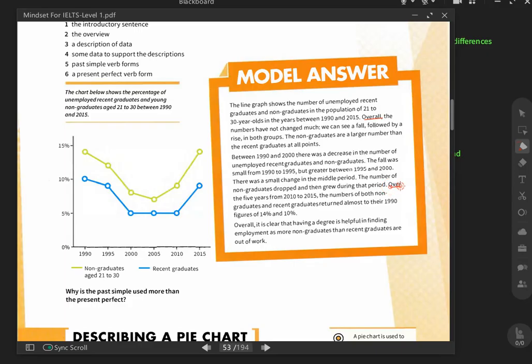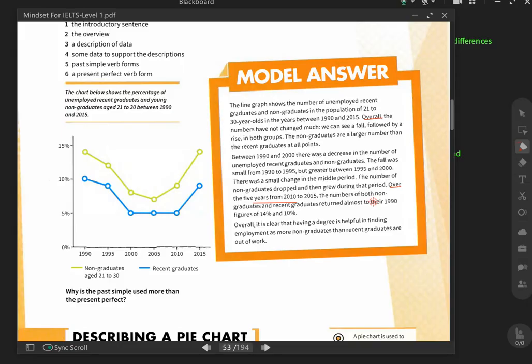The fall was small from 1990 to 1995, but greater between 1995 and 2000. Yeah, of course. So we can see that there was a decrease, small change in number of unemployed recent graduates and non-graduates, and the fall was small, but greater between 1995 and 2000. So this one is actually description of data.